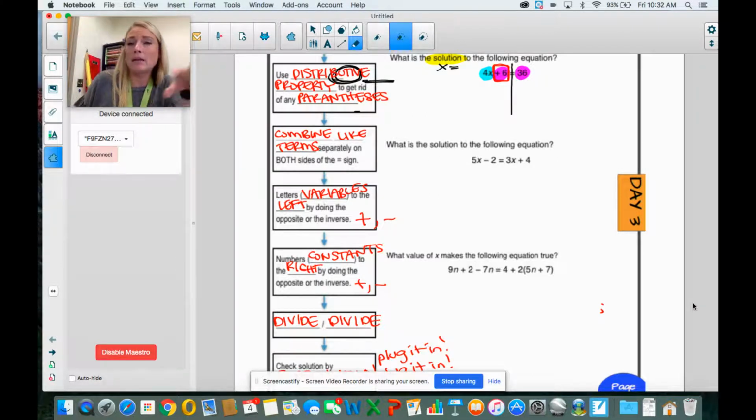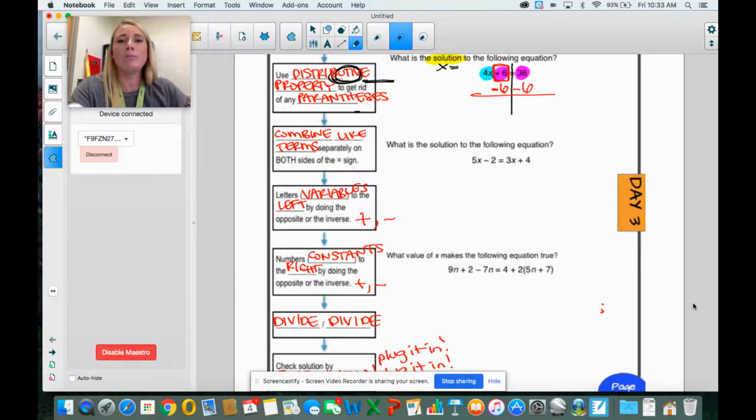So again, if you think back to what I talked about earlier, what is the opposite of adding something? Subtracting. So I want to subtract 6. Now, whatever I do on one side, I have to do to the other. So if I said minus 6 here, well, then I'm going to do minus 6 here.